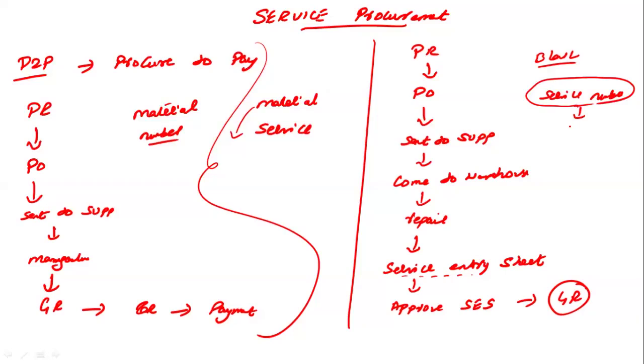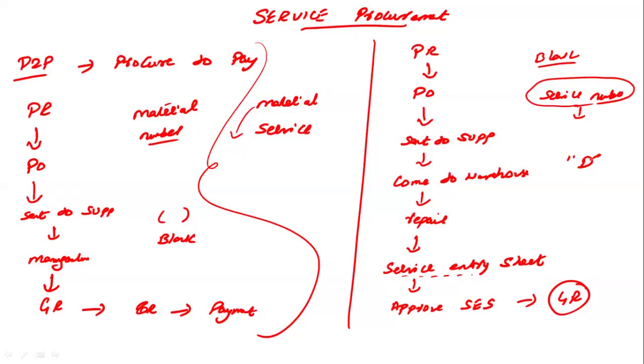Then we discussed the item category when we configured the P2P cycle. For material procurement, the item category is blank. For service procurement, the item category is D. So this differentiates standard procurement from service procurement.